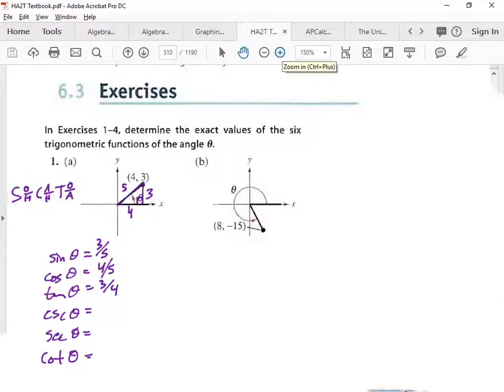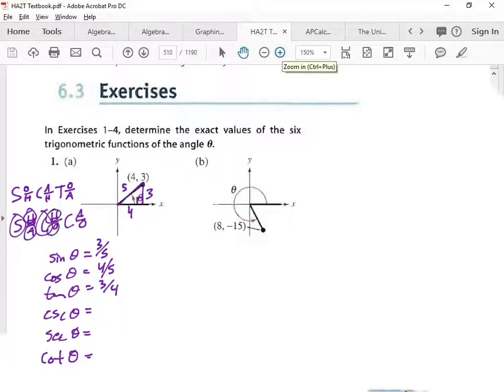Okay, so the next one is shot your cow, and I like saying shot your cow because it sounds like someone shot your cow. I know you guys already know this. So secant is hypotenuse over adjacent.